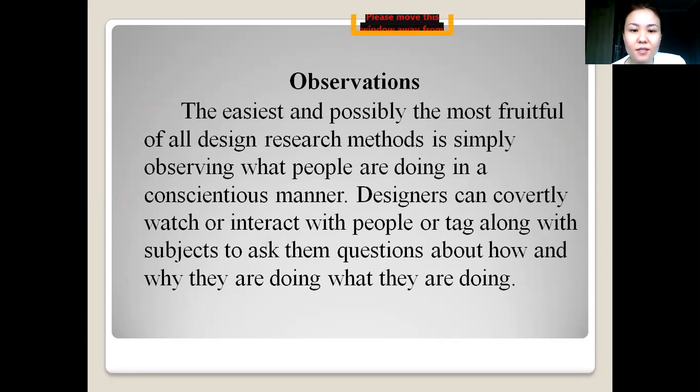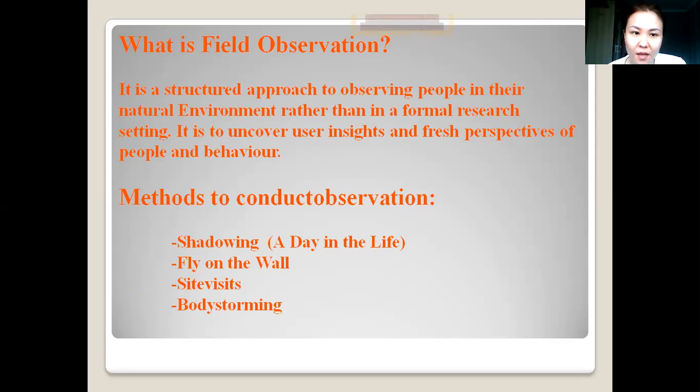Observation: the easiest and possibly the most fruitful of all design research methods is simply observing what people are doing in a consistent manner. Designers can covertly watch or interact with people, or talk along with subjects to ask them questions about how and why they are doing what they are doing.